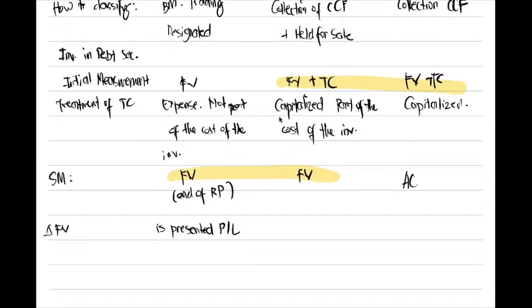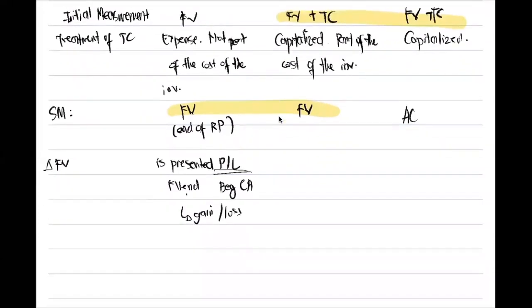It is equal to your fair value end compared to your beginning carrying amount. We just compare and get the difference that is presented in profit or loss. This can either be a gain or a loss. It is a gain if the fair value is greater than your carrying amount. If the fair value is lesser than the carrying amount, that is a loss.